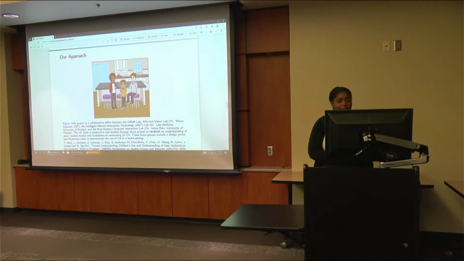The labs are listed there: the Human Computer Interaction Lab and the Intelligent Natural Interaction Technology Lab. The UF folks are more interested in mental models. A mental model is just how people understand something, like we have a mental model of how the world works. These are the mental models that people have with respect to authentication.